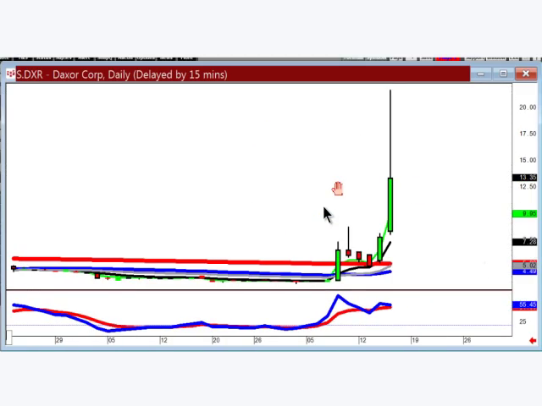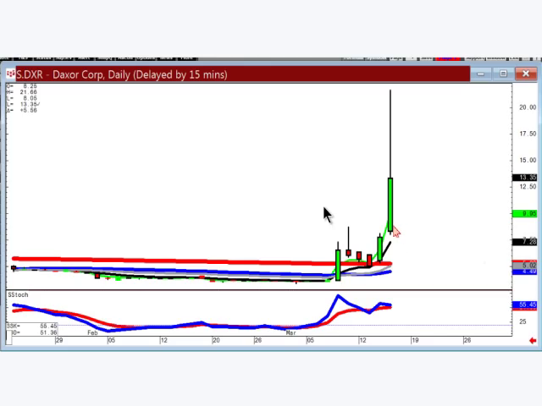The further away you are from the T-line, the higher the probability it's going to come back down and test it. Secondly, if you're buying a stock somewhere down in here at $6, $7, $8, $9, and it goes to $21 or $22, most people are happier than a 10% return on their portfolio in a year.